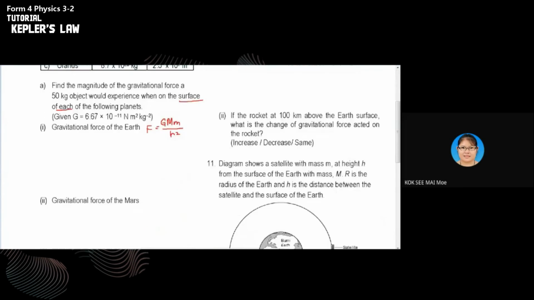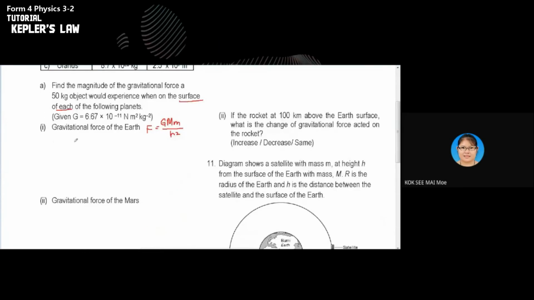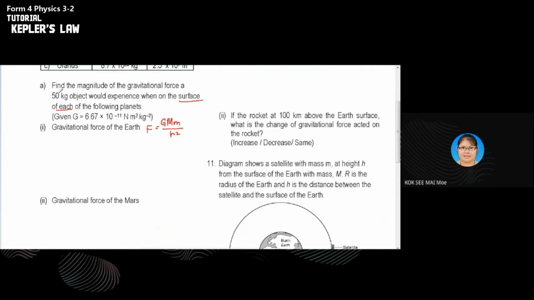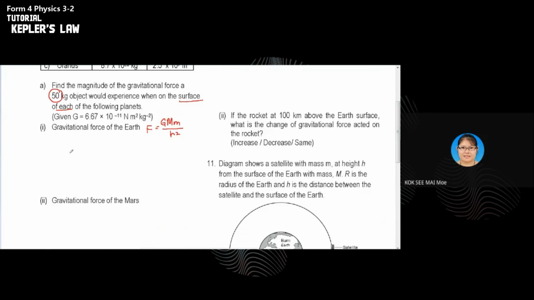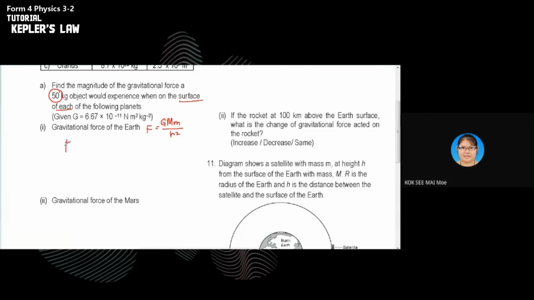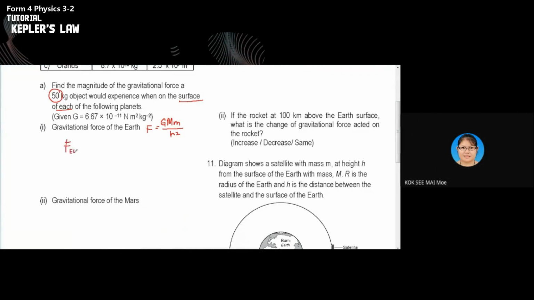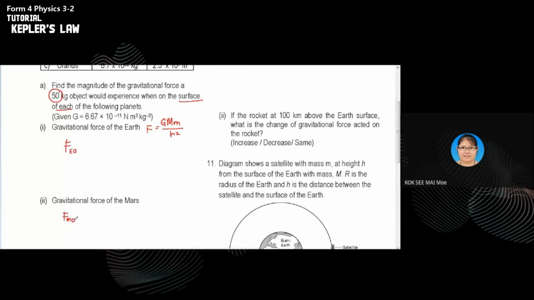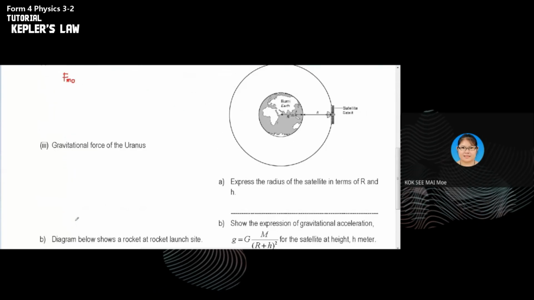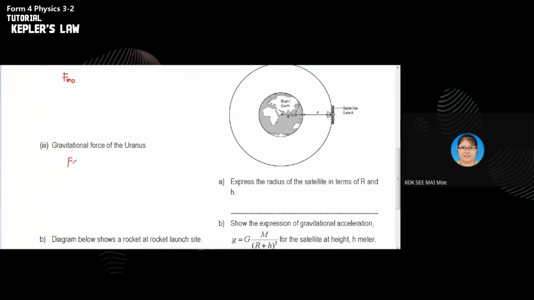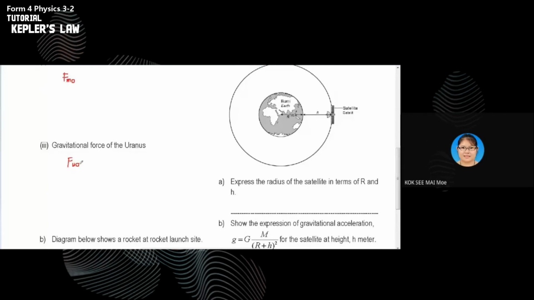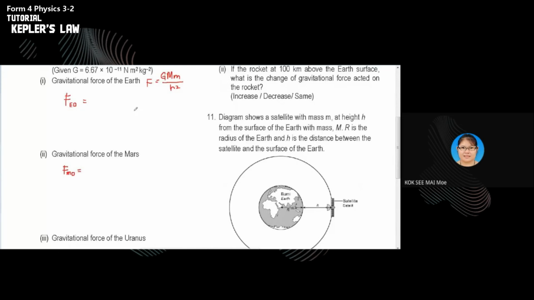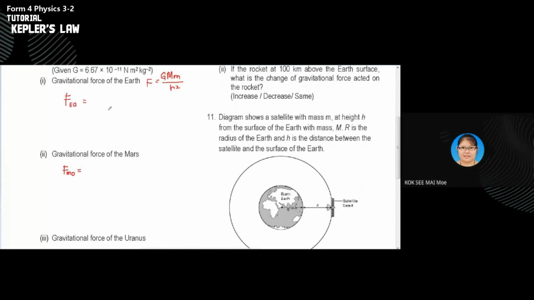I want the answer for number 1, Earth and an object with mass 50 kilograms. Number 2, the other case with the object. Number 3 is Uranus with the object. I want the first answer. Just tell me how many Newtons.